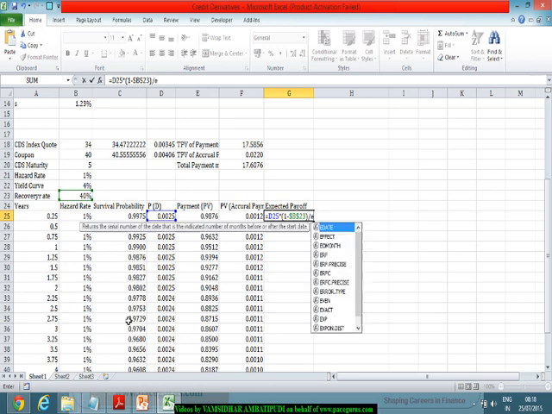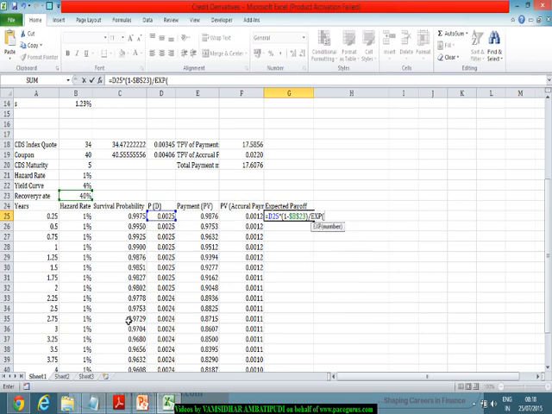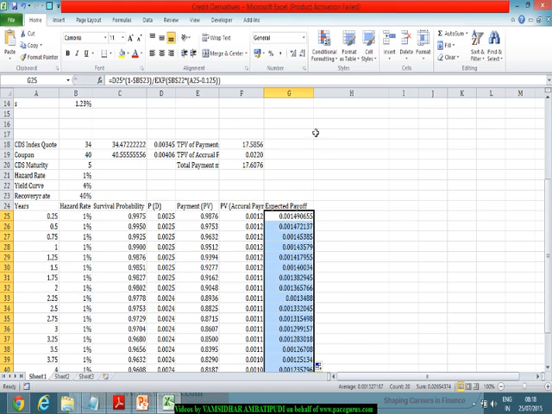I'm discounting this under the assumption that the default is happening somewhere in the middle of the period. So I'll be discounting it with e to the power of r, and instead of t, I will be writing this minus 0.125, because I am assuming that the default is going to happen somewhere in the middle of the period. So my expected payoffs are coming to be somewhere around these kinds of numbers.